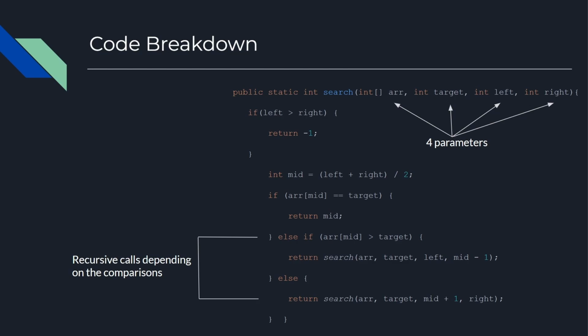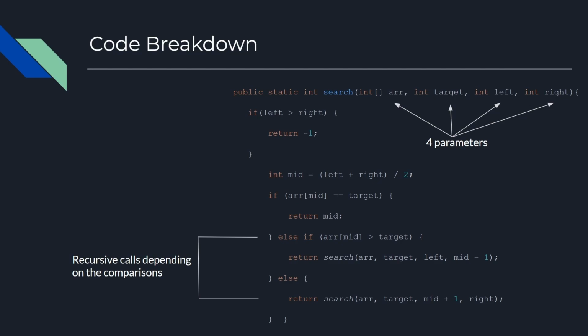If the middle element is greater than the target, this means that the target must be in the left half of the array, so we make a recursive call to search the left half, updating the right index to the element just before the middle index.